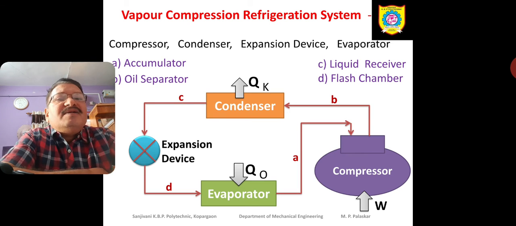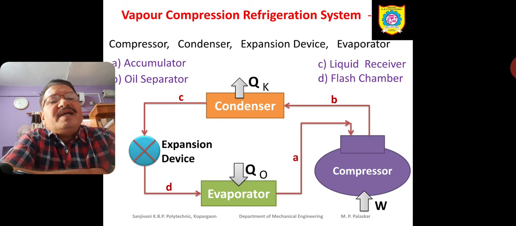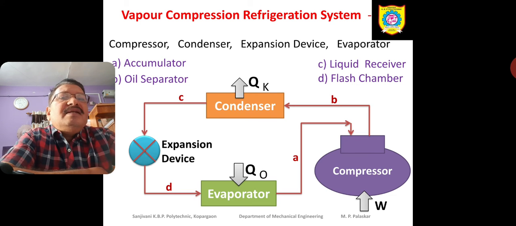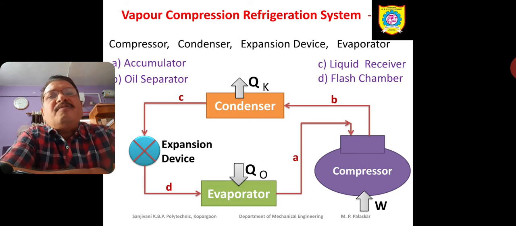It will bypass the evaporator. Only liquid will be allowed to enter the evaporator, and the vapor will first be collected in the flash chamber, and from the flash chamber this refrigerant will directly go to the compressor. It will not enter the evaporator.